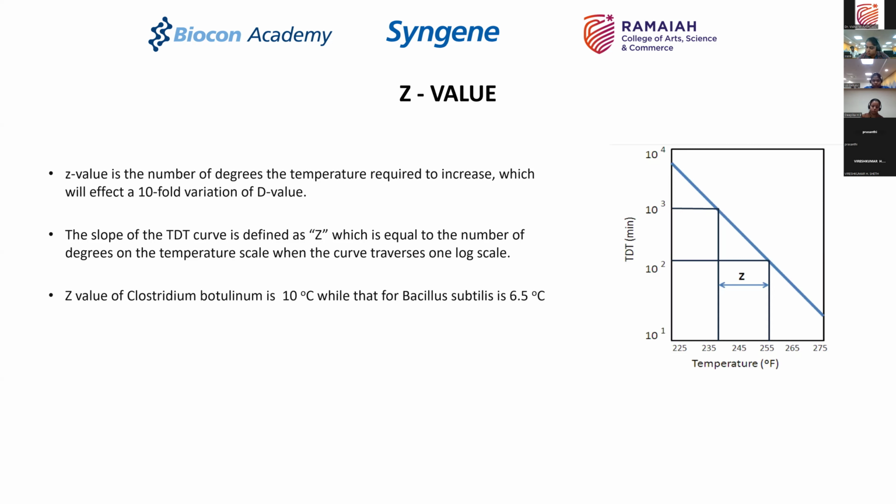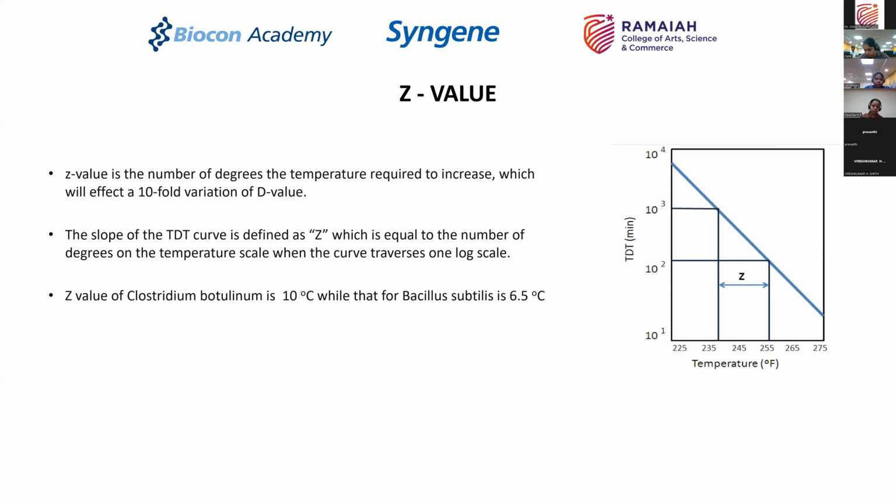So the Z value for Clostridium botulinum is 10 degrees centigrade, while for Bacillus subtilis, it is 6.5 degrees centigrade. If you increase the temperature by 10 degrees centigrade, for Clostridium botulinum you will see a 1 log reduction. If you had Bacillus subtilis and you change the temperature by 6.5 degrees centigrade, you will achieve that 1 log reduction. So the Z value is important because you want to know what temperature difference you have to bring in.